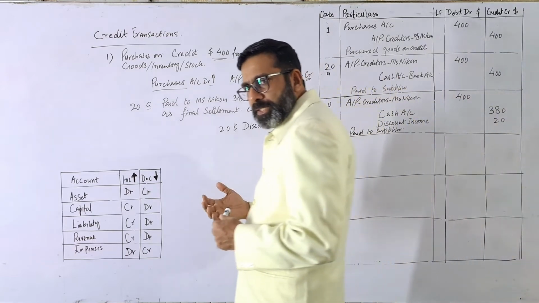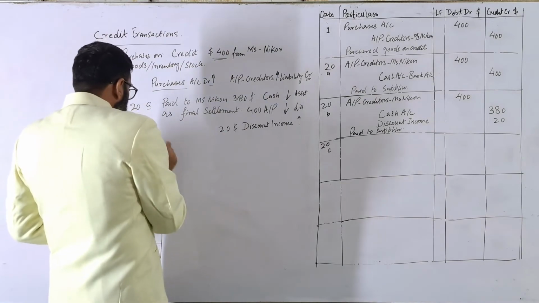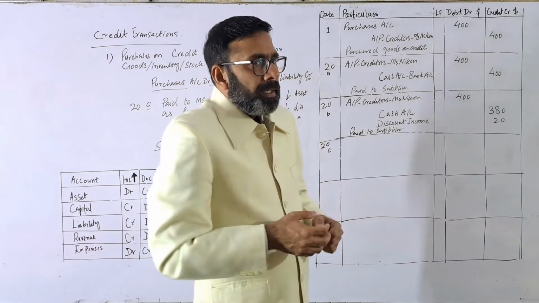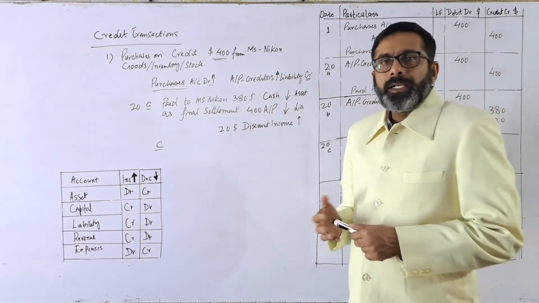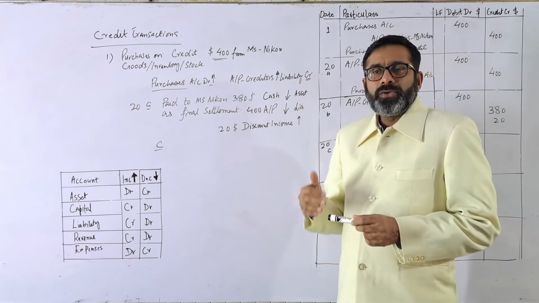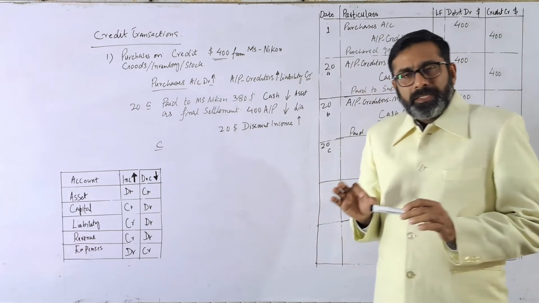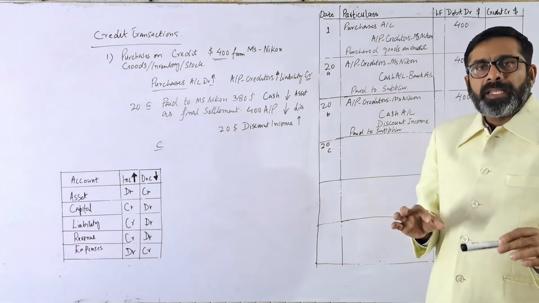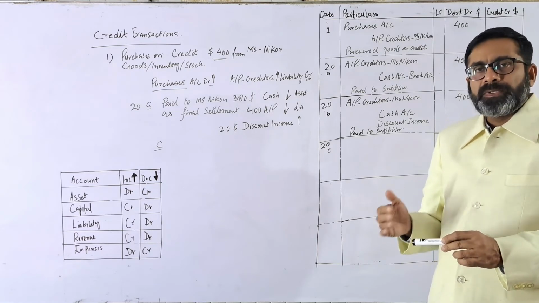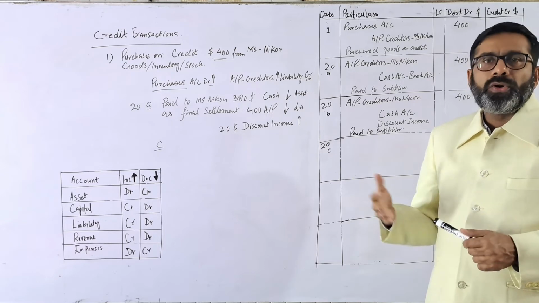Then the third option may be there, for example we can write here as option number C, that you have to pay $400 to the supplier, but you don't have $400 and you make 2 or 3 installments with that. Okay, you will pay the remaining amount, the balance amount after some time, but currently you are paying only, let's say, $100 or $200.